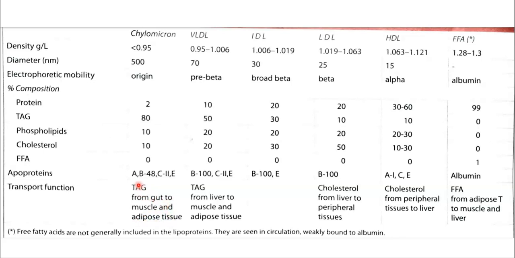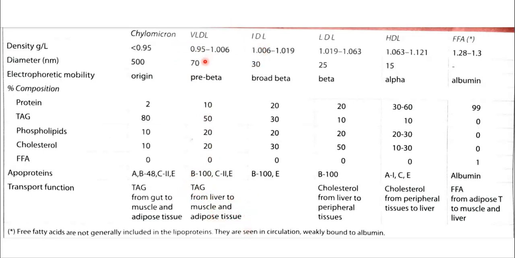The apolipoproteins are ApoA, B48, C2 and E. Then pre-beta lipoprotein is known as VLDL. Its major apolipoproteins are ApoB100, ApoC2 and E, and it transfers triacylglycerol from liver to muscle and adipose tissue. Not from intestine.